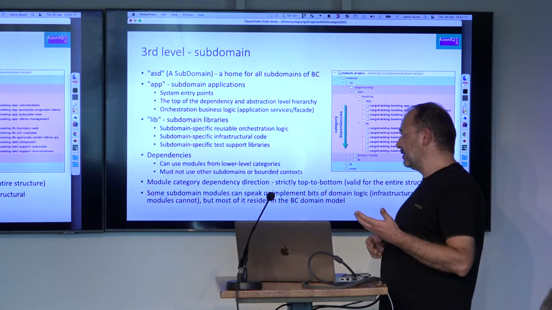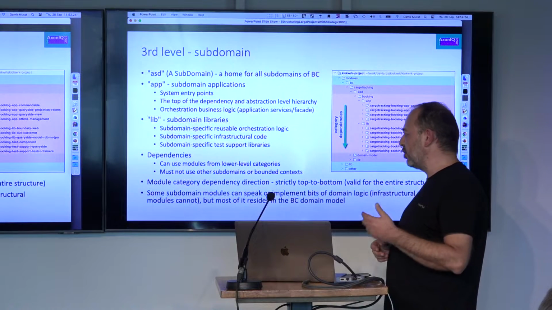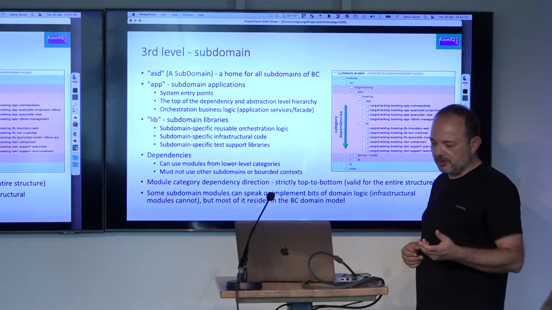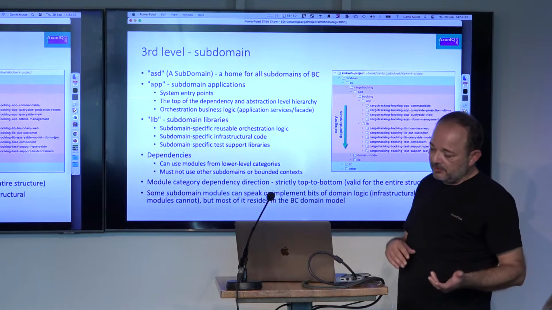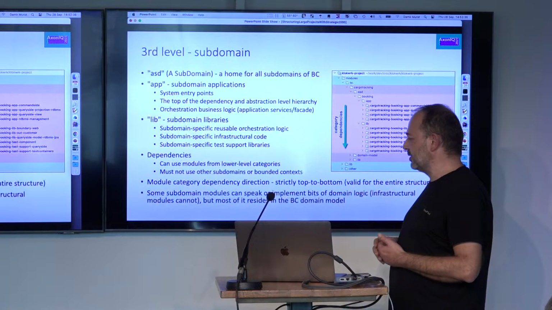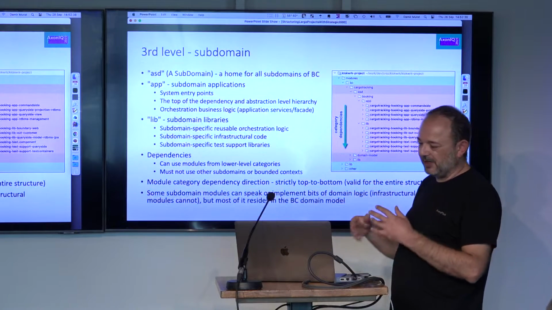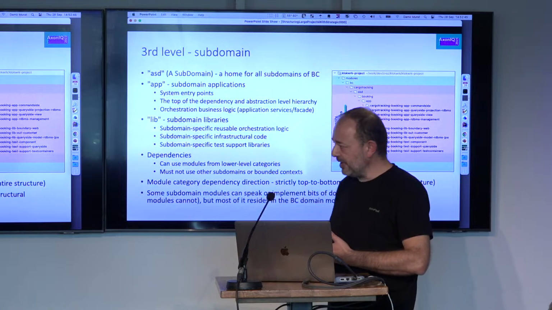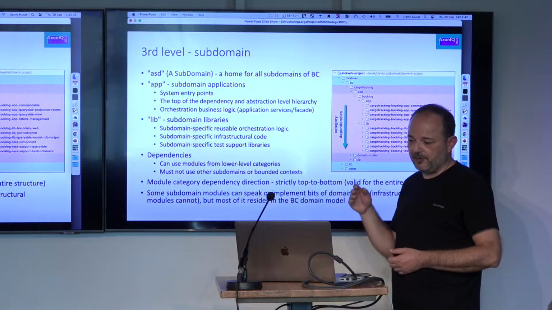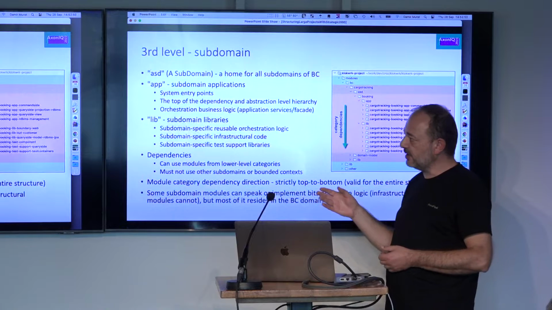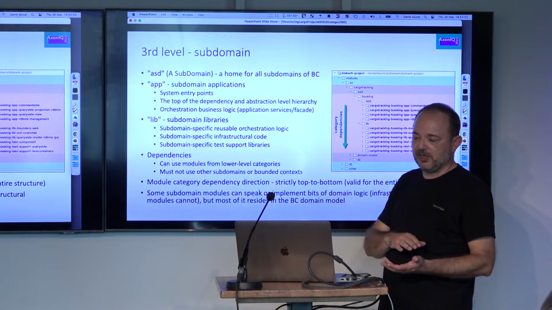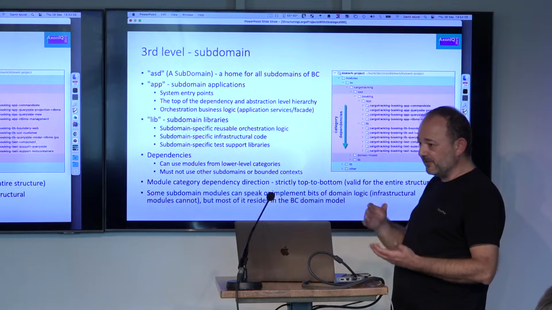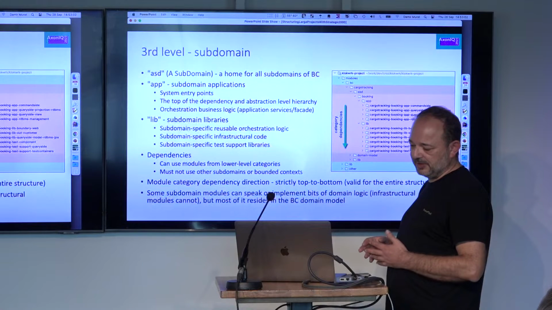Subdomain libraries contain subdomain-specific reusable code. Some of the modules in that directory may understand your ubiquitous language or your business logic, and the other ones will not. They will contain purely infrastructural code. So at this level, in this directory, we have some kind of mix of modules and concerns. Regarding dependencies, any module from those categories can use anything from lower level module categories, but they cannot use anything from a different subdomain or from a different bounded context.